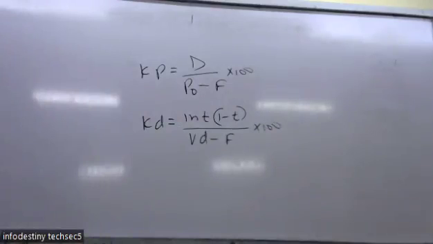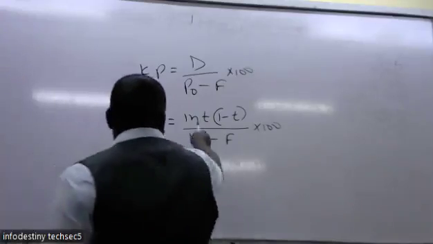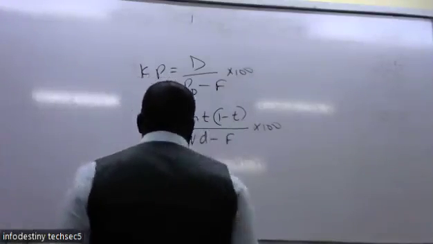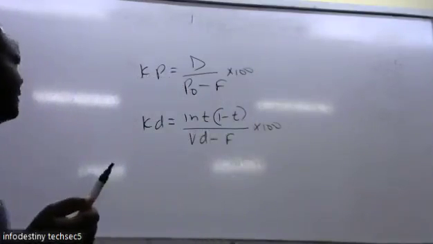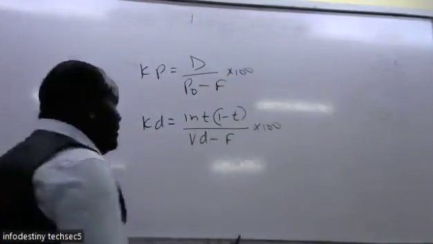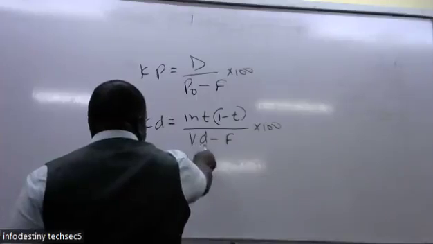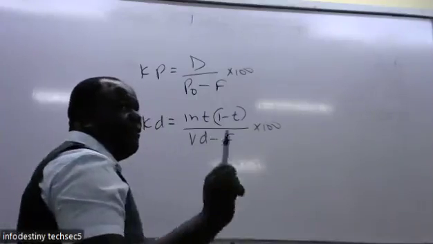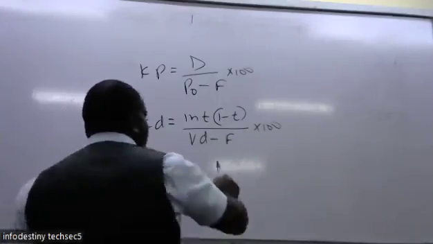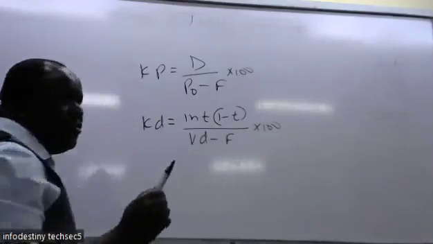So to calculate KD, the cost of the debenture, it will be equal to interest, then in brackets 1 minus the tax rate, divided by the current value of the debenture, then we subtract the flotation cost.